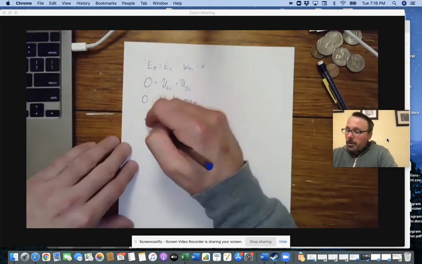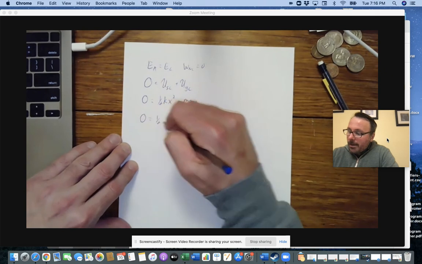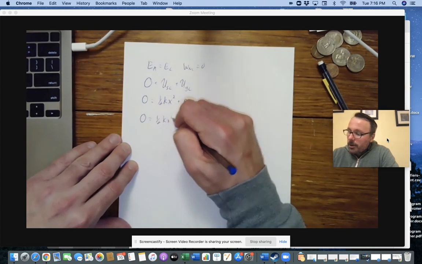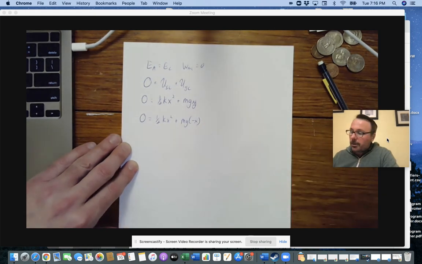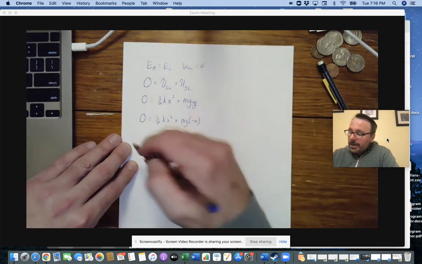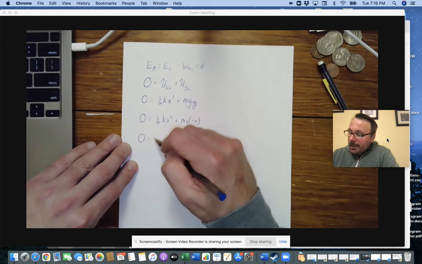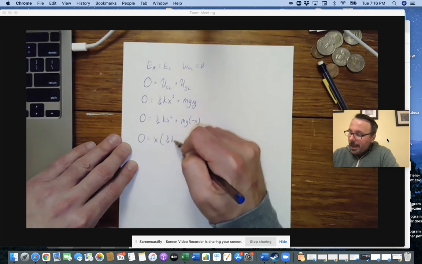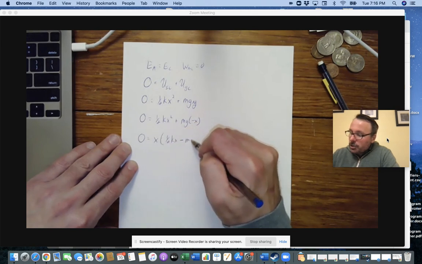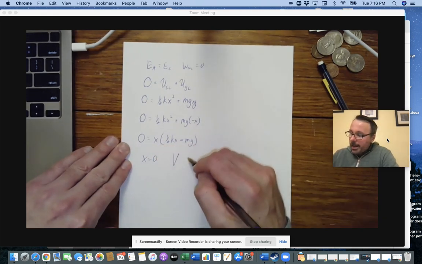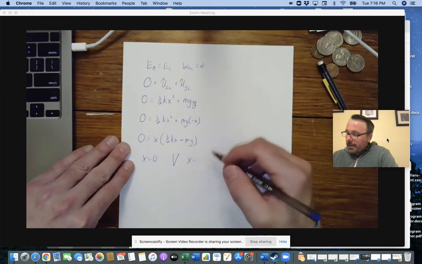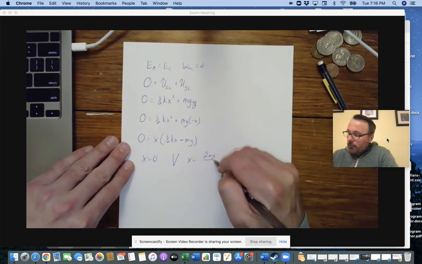So here I can put in 1/2 kx squared plus mg, and I'll just do that substitution for negative x there. And now I have a nice quadratic. So x times (1/2 kx minus mg) equals 0. That means x is equal to 0, or x is equal to, solving that, 2mg over k.